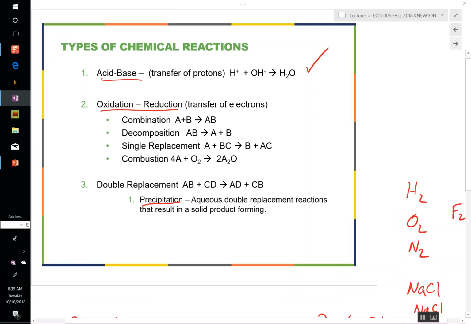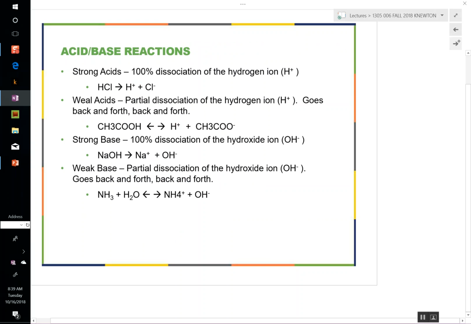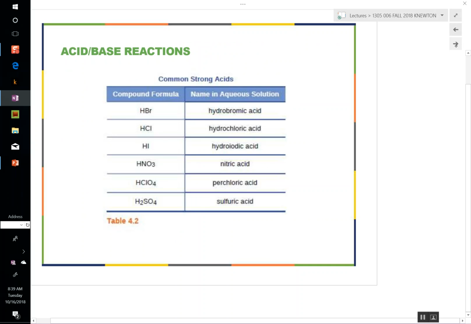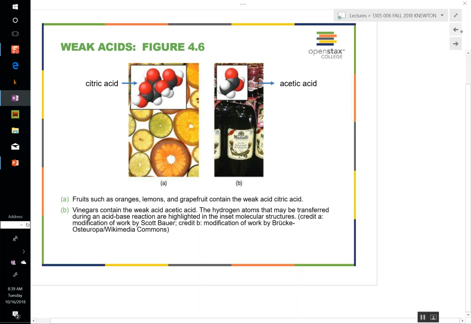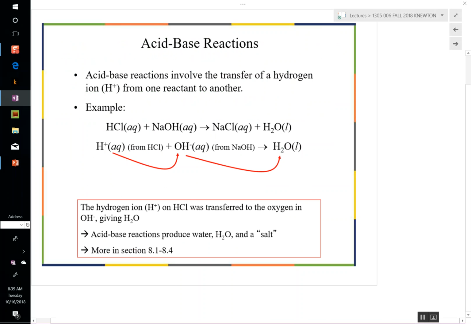So let's get some examples. Acid-base reactions. I think I have a little better one. Oh, here's a good one.